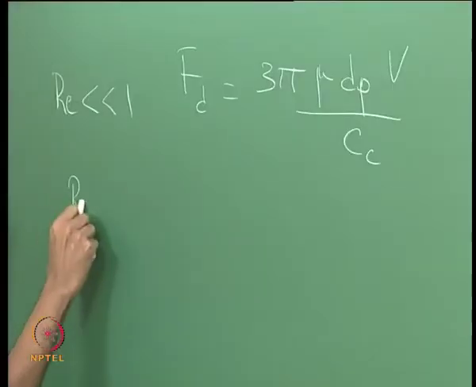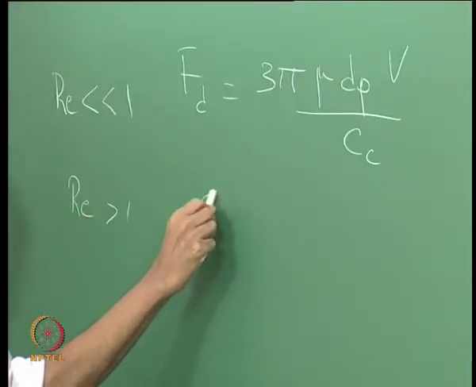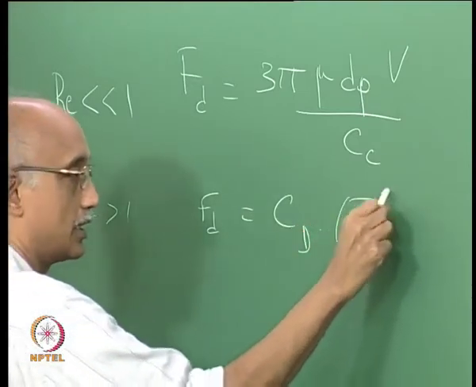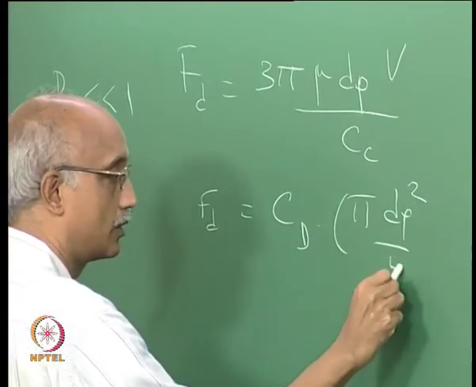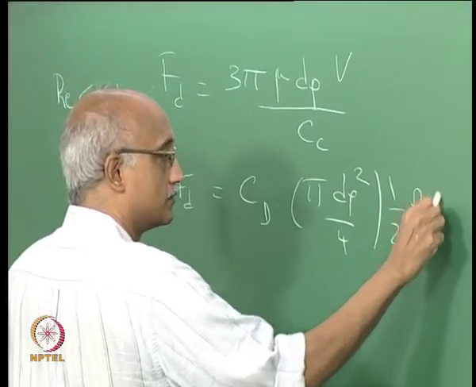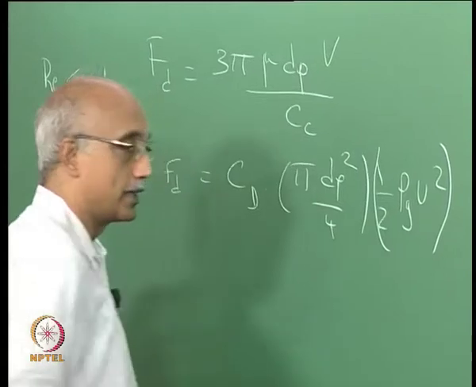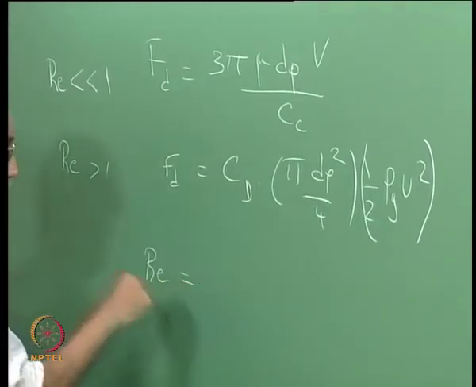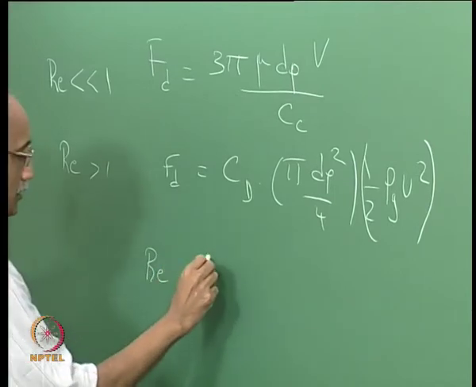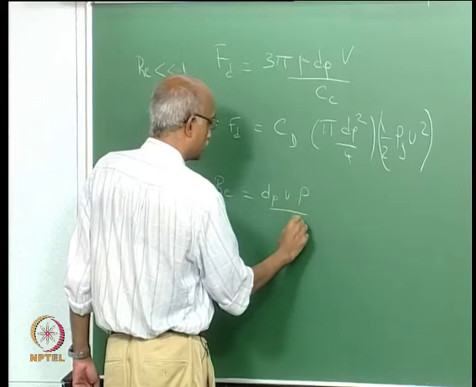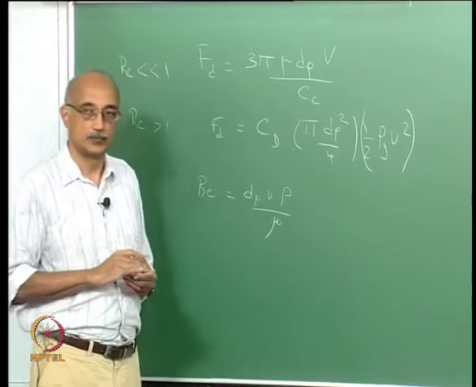When Re exceeds 1, then the drag force is expressed in terms of the drag coefficient times pi dp squared by 4 times half rho gas v squared. Of course, the definition of Reynolds number is dp v rho over mu.